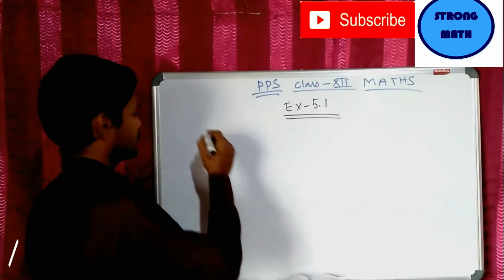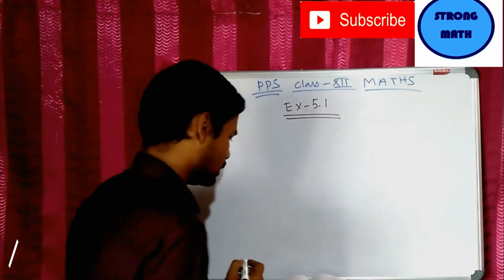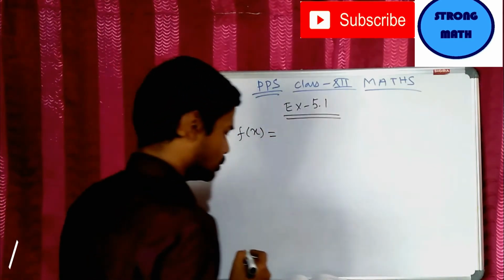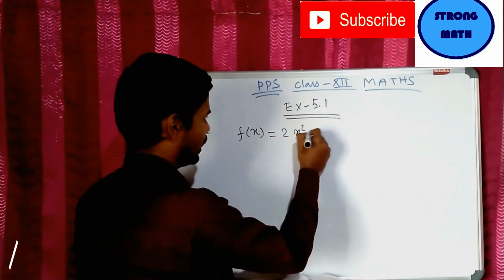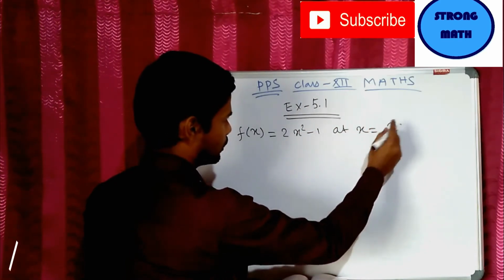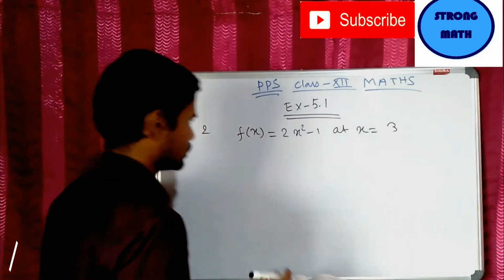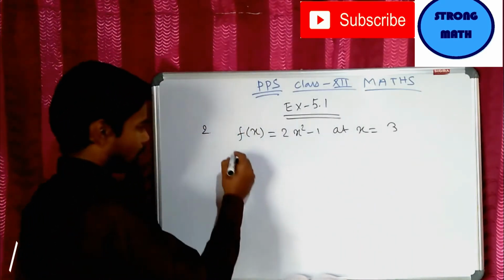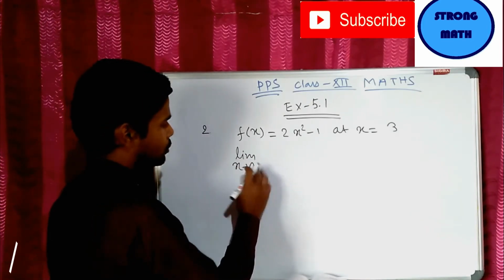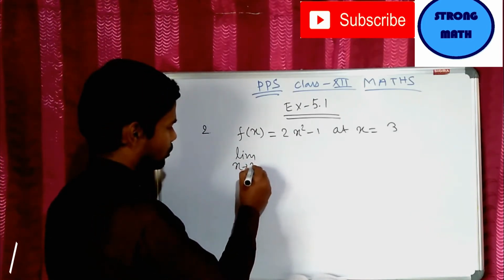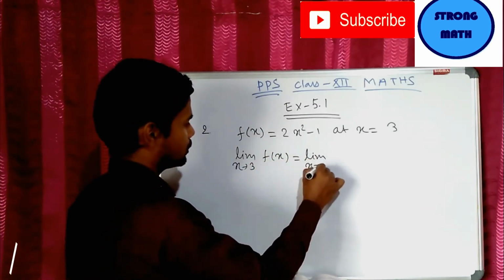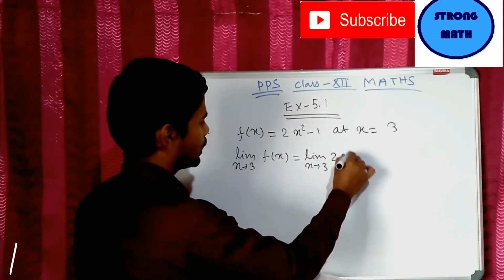Next, question number 2. Examine the continuity of the function f of x equals 2x square minus 1 at x equals 3. Similarly, we have to start with finding limit x tends to the given point 3 of f of x. This equals limit x tends to 3 of 2x square minus 1.